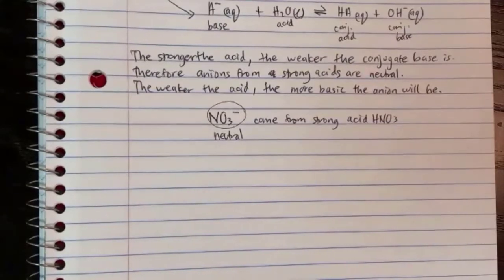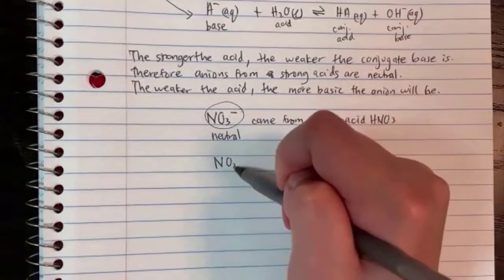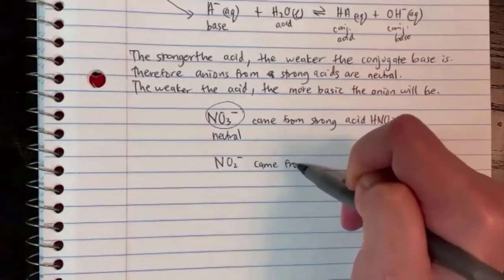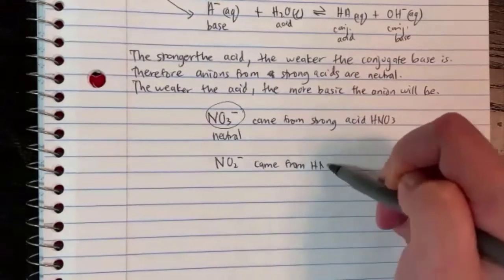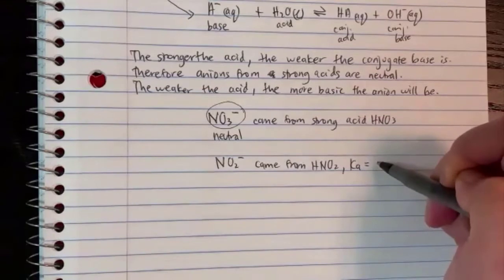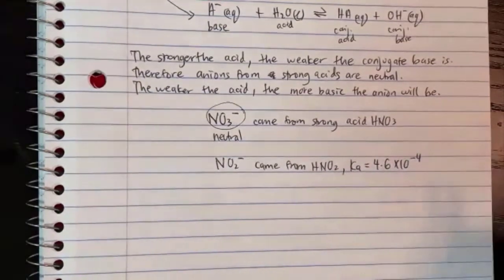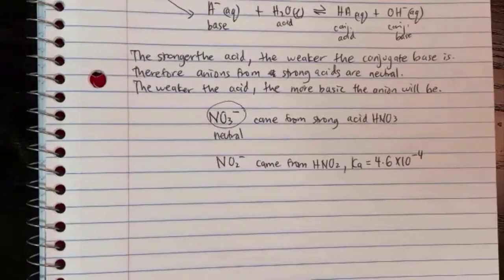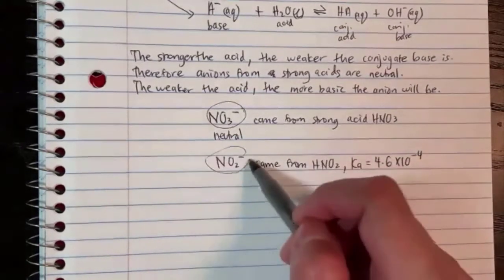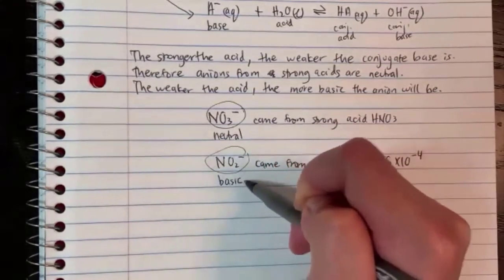And then, what if we did this, nitrite? That one came from a weak acid, HNO2, with the Ka given as 4.6 times 10 to the minus 4. So if that one came from a weak acid, this guy here is not going to be neutral. It will have some basic property.